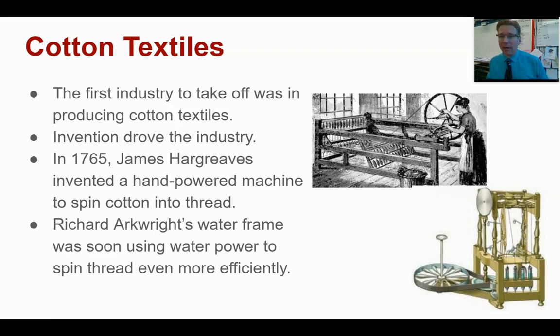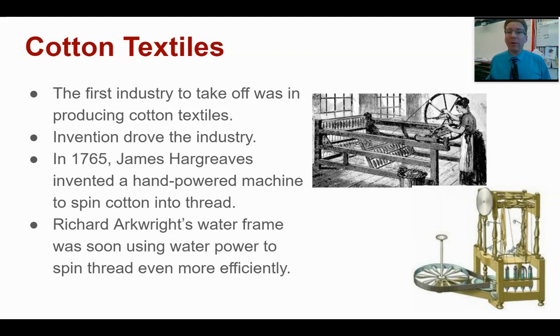This is an example right here. This is an advanced model of Hargreaves' spinning jenny. So by spinning this wheel right here, a single person can take cotton fiber and turn that into cotton thread. And then that cotton thread can later be woven into cloth.